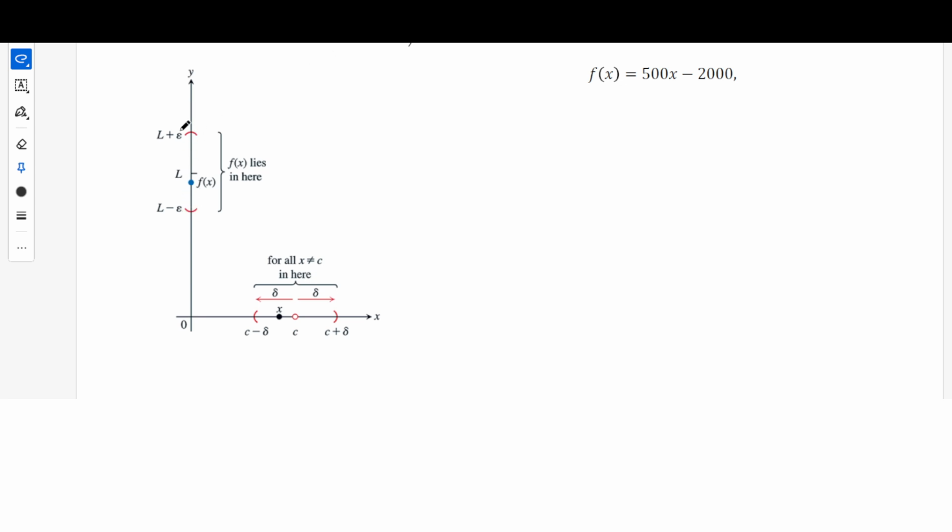And she's giving you the margin of error, 500 bucks. So that means you could have 500 less, which is 9,500, to 10,500. So you can go anywhere between 9,500 and 10,500. So epsilon gives you this margin of error.